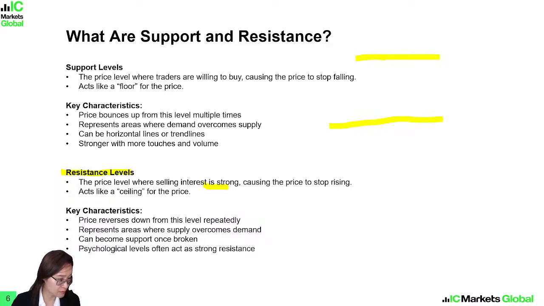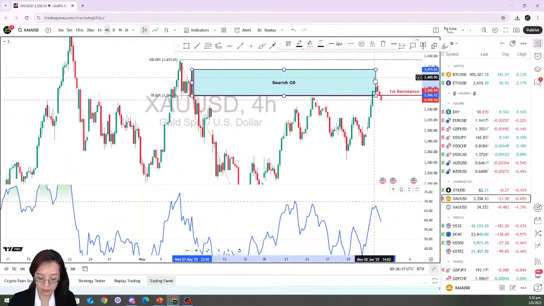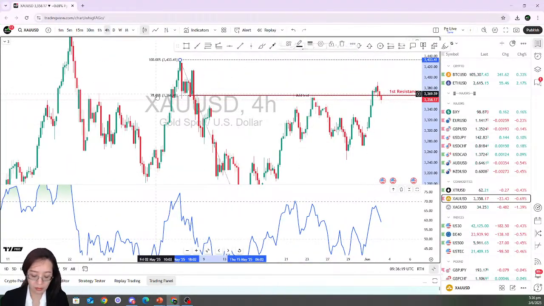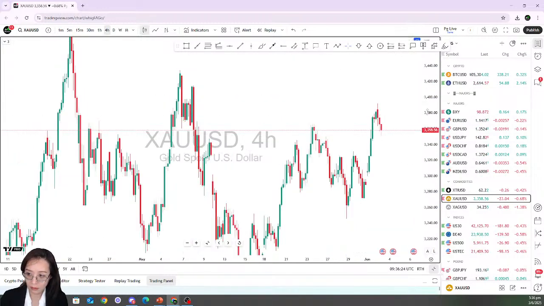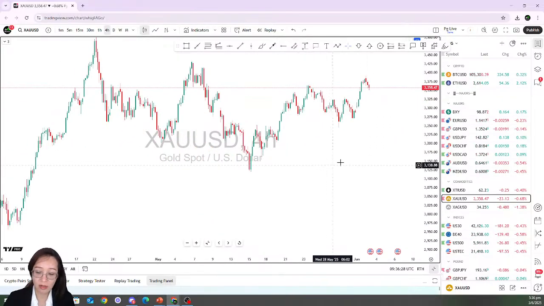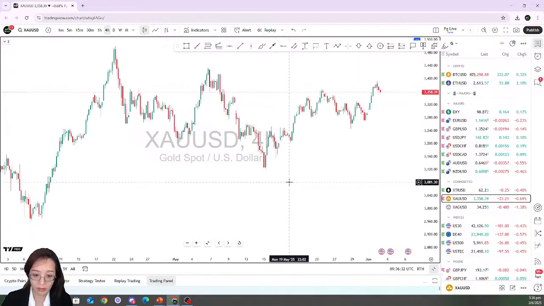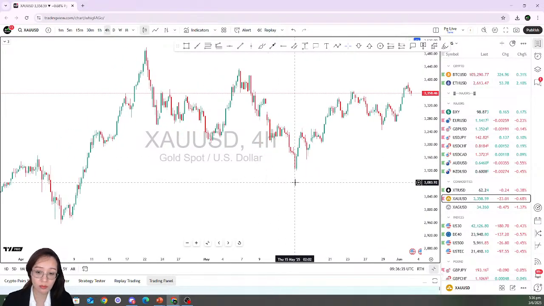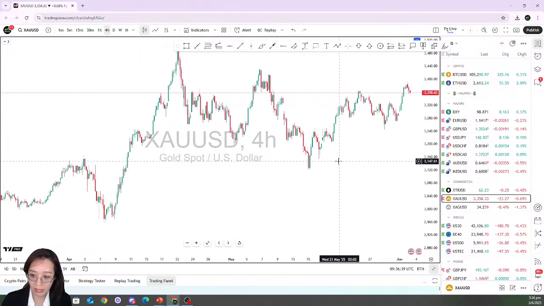Okay, so basically, let me just bring you guys to the chart over here. I'll remove this one first. I will come back to you guys later. So basically, let's just look at the H4 chart. Just now I mentioned the support acts as the floor, right? It prevents the price from going down. So you need to look for the price where you see a lot of wicks, or candles resting around the area.